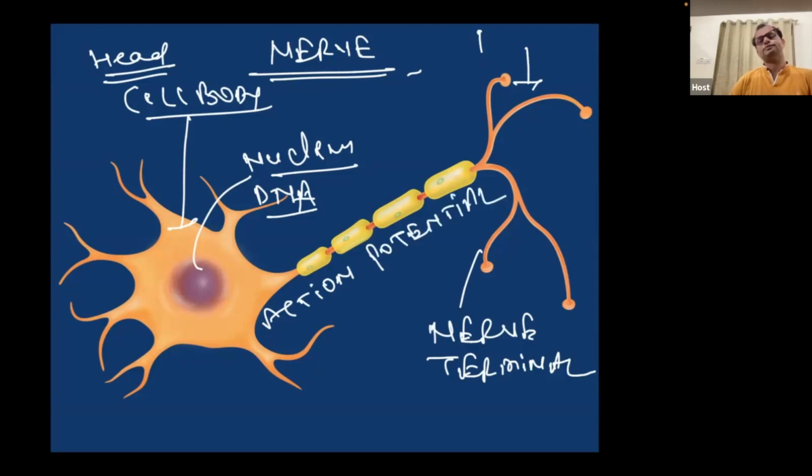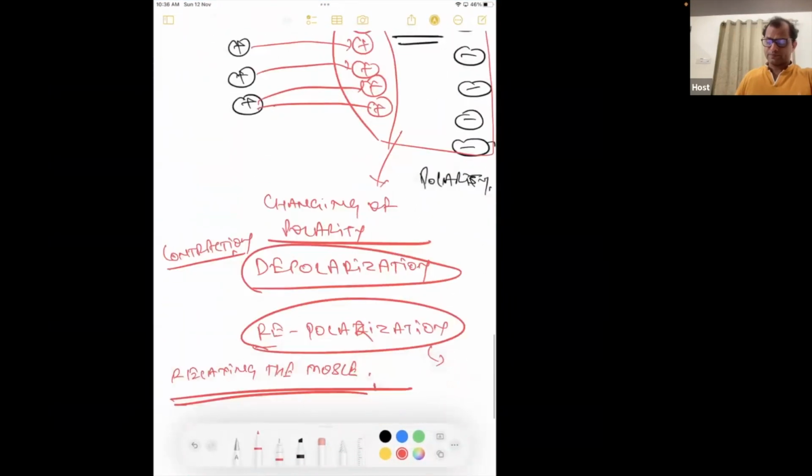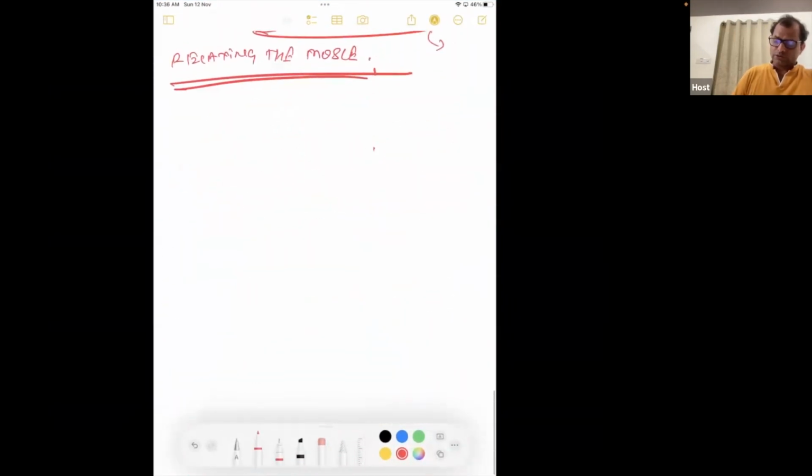So the electric current is coming like this. Suppose electric current is passing. Let's see, this is the spine. In the spine, this is the anterior horn.